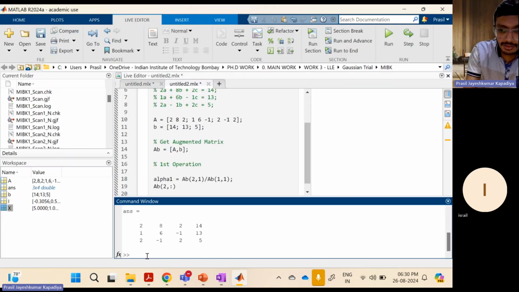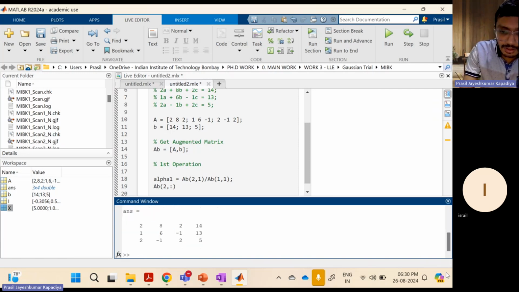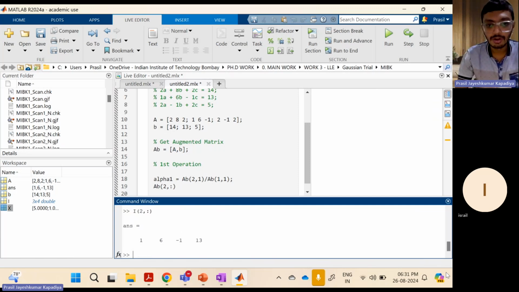So if I put the second row and then a colon for columns, it will give all columns, so it will basically give me the whole second row.